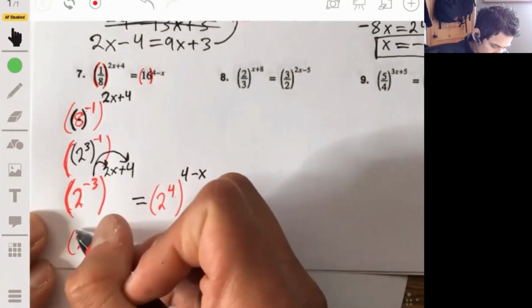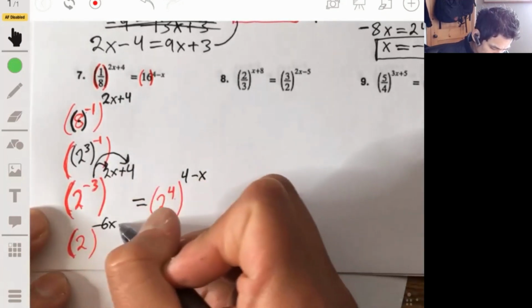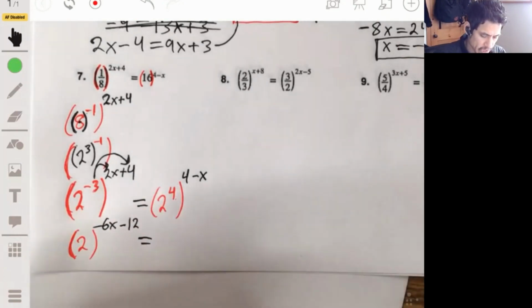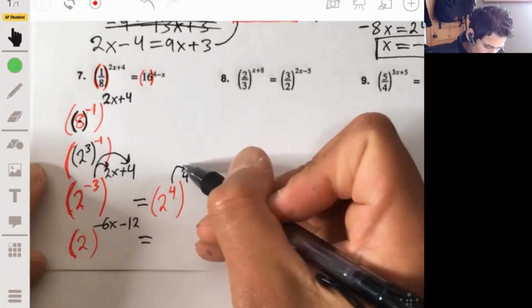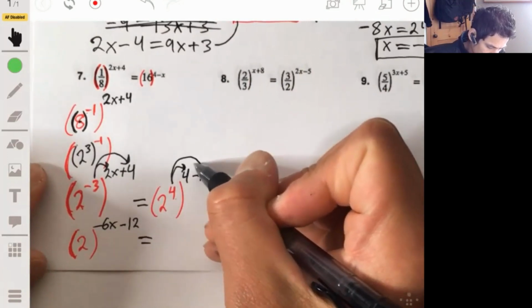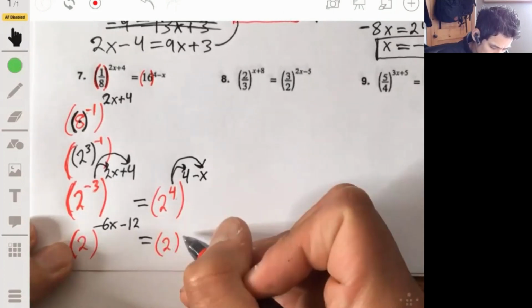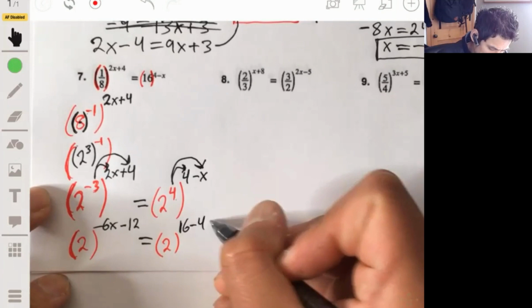And so then we get 2 to the -6x minus 12. Let's distribute the 4 to the 4 and the -x on this side. So we'll get 2 to the 16 minus 4x.